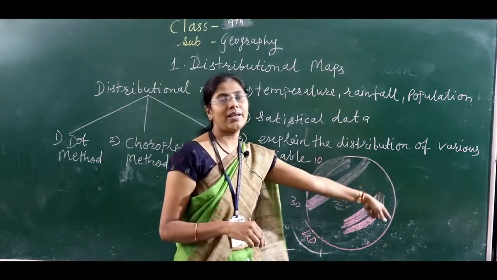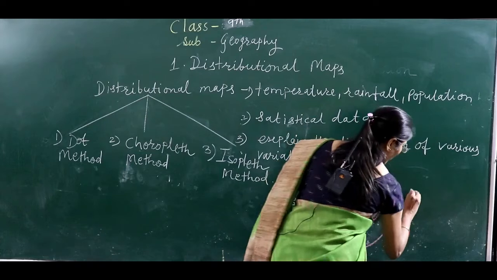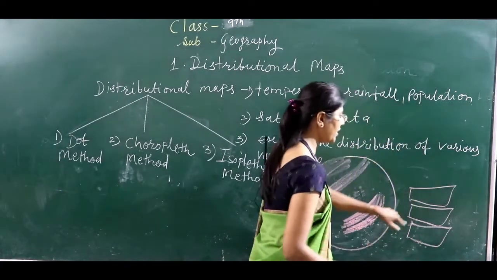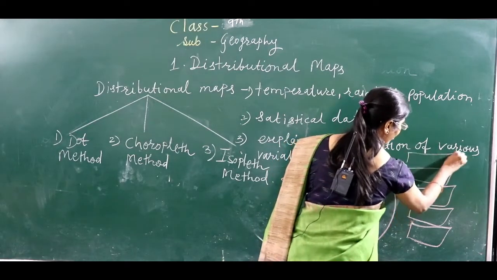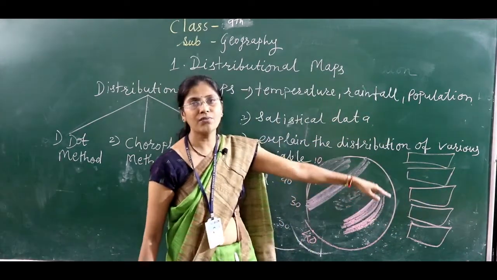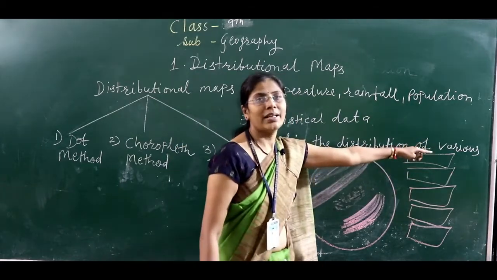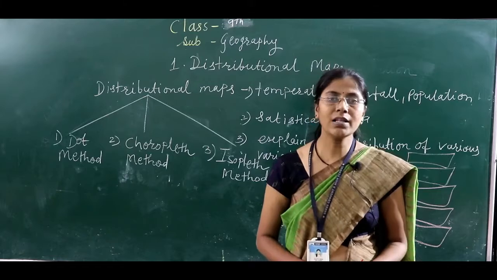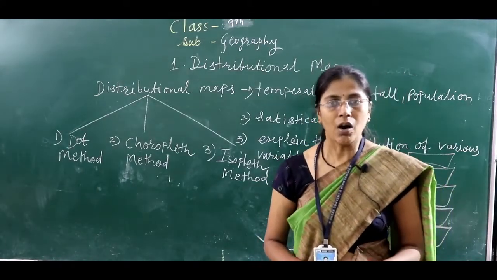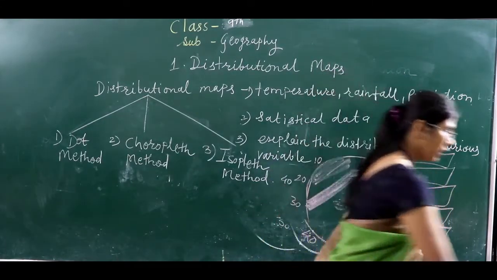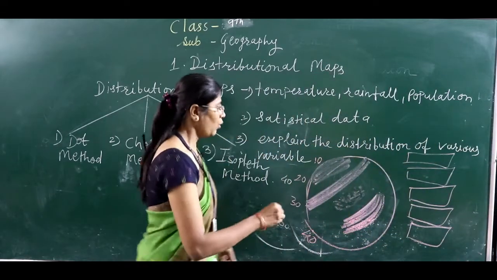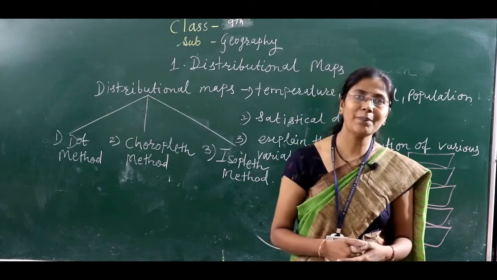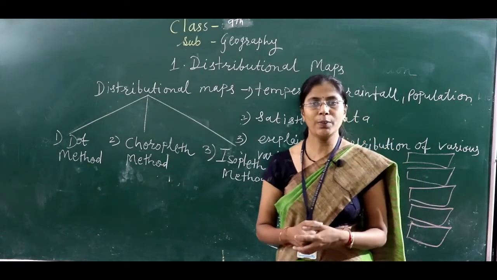In every map there is an index showing different types of boxes. Somewhere we use 5 boxes and somewhere 7 boxes, giving information about the different types of variables. In this method, a single tint of the same color or a single black and white pattern is also used.